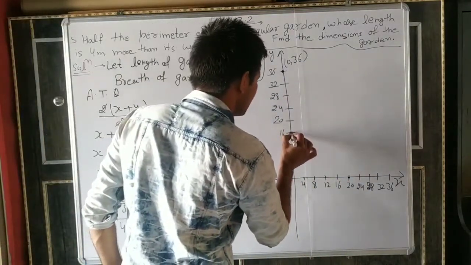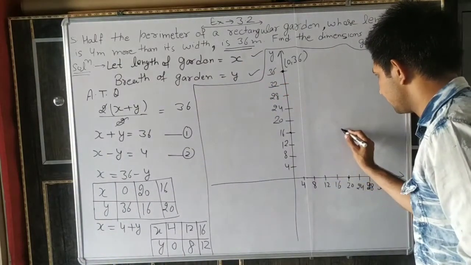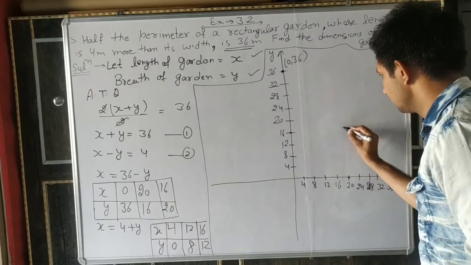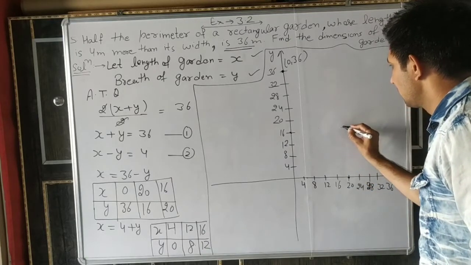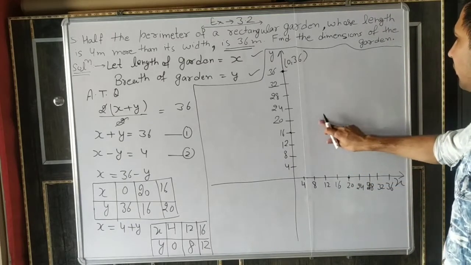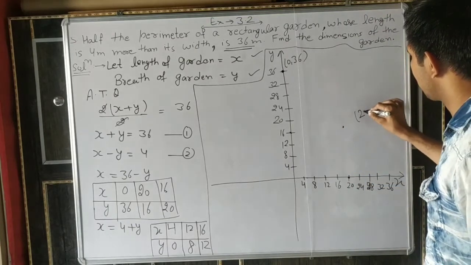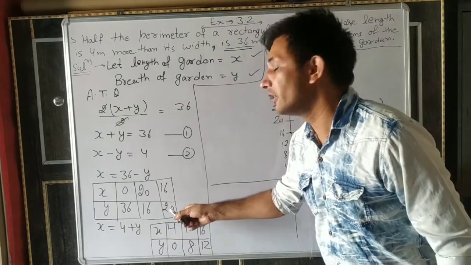So where do these meet? They meet here. So it means x is 20, y is 16. 20, 16.